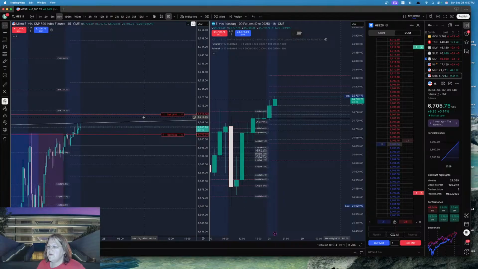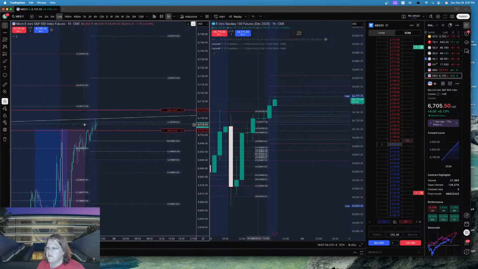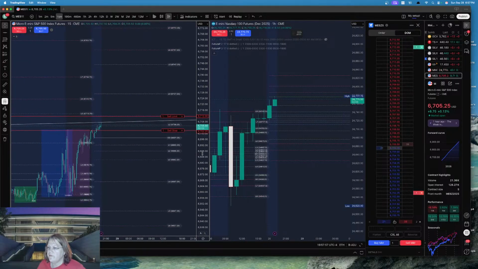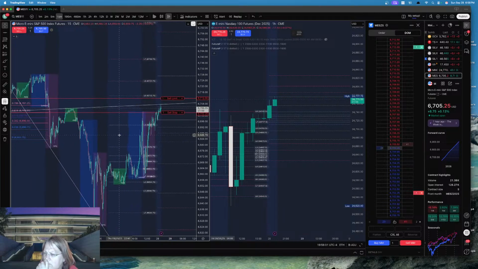So we do seem to be stalling out up here at this level 2 tonight. I've just noticed that during the Asia session, we don't tend to get above or below the level 3.